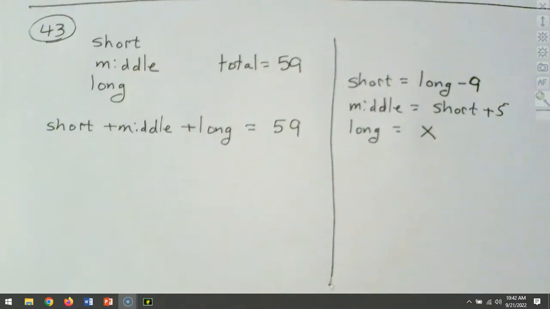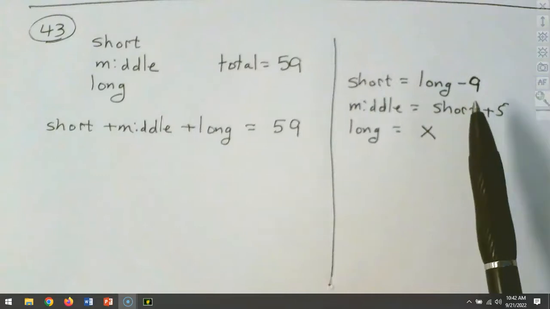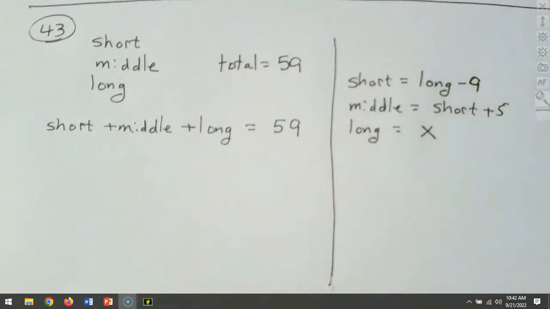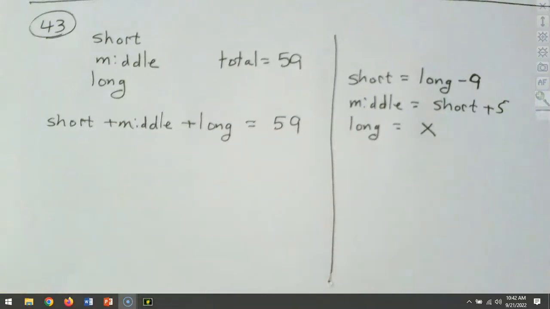The shortest piece is 9 inches shorter than the longest piece, so that's the long side minus 9. We know nothing about the long side, so that's going to be our x there. Now we can start replacing.